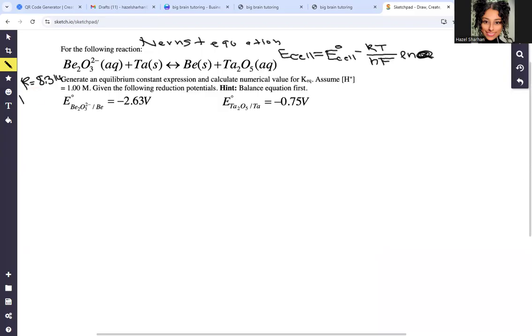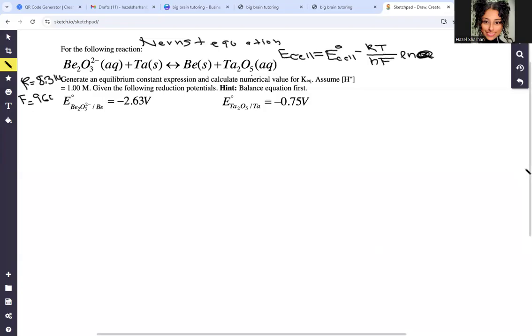And then our F is going to be our Faraday's constant, which is 96485. What's Faraday's constant? I think it's 96485 or something like that.